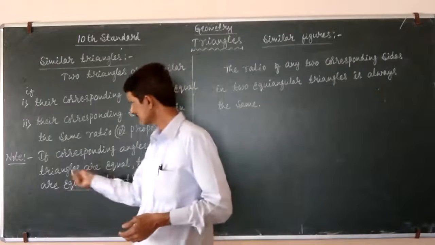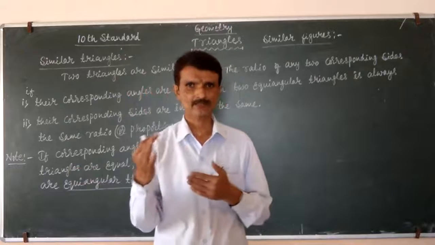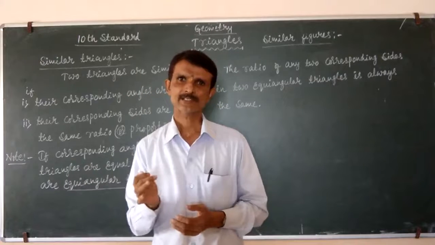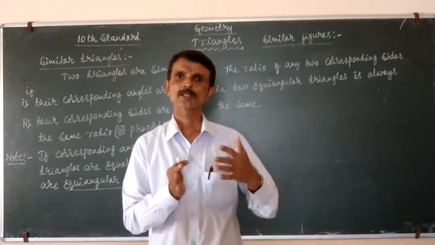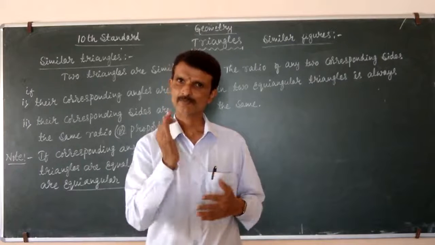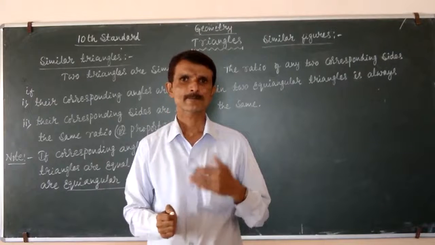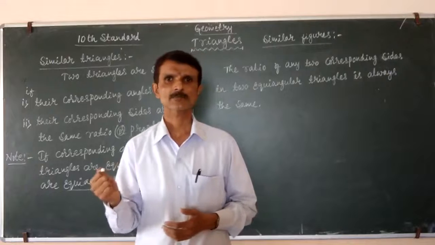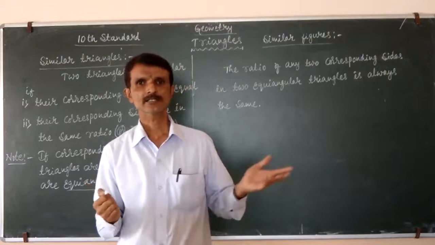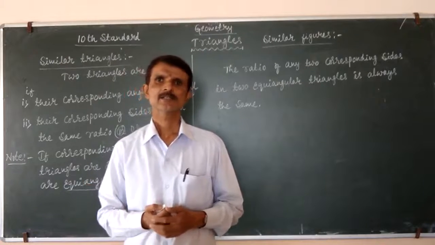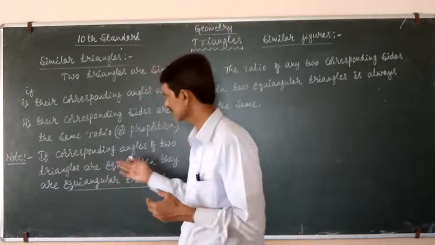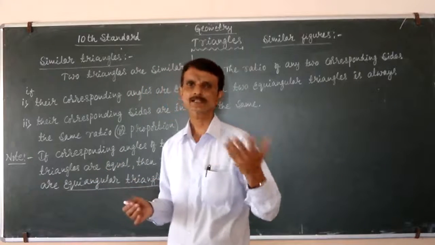The word itself says equiangular, that means the angles of one triangle must be equal to the corresponding angles of another triangle. We call equiangular triangle as an equilateral triangle also.